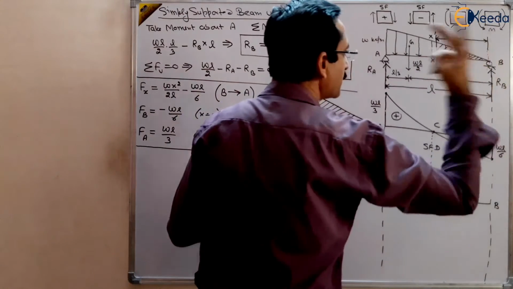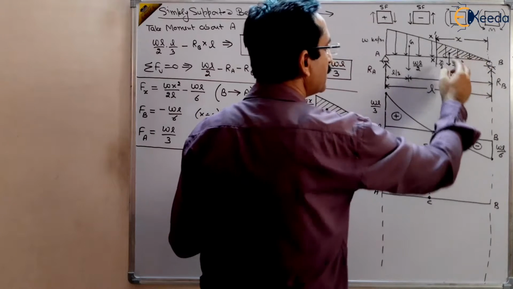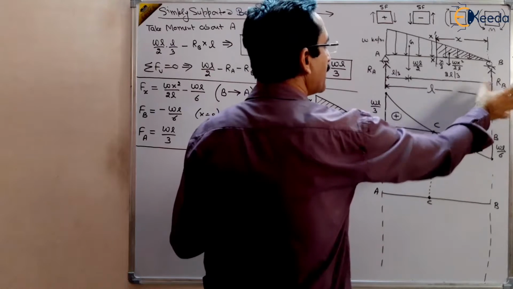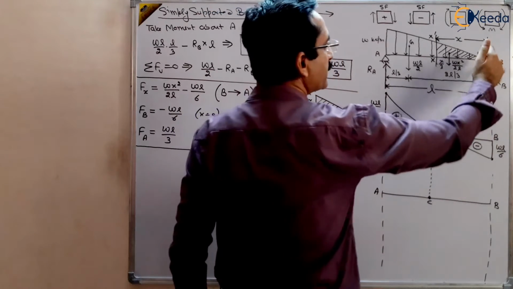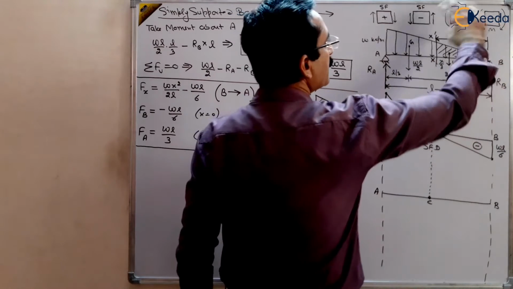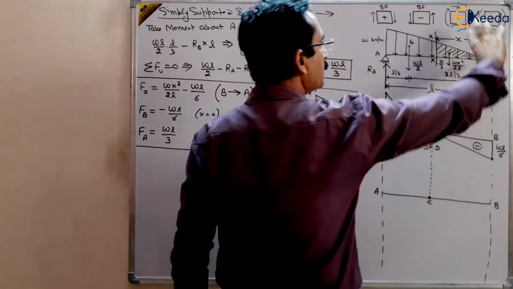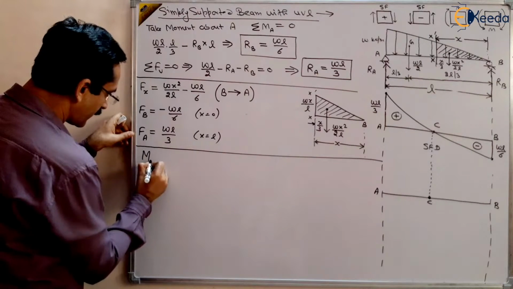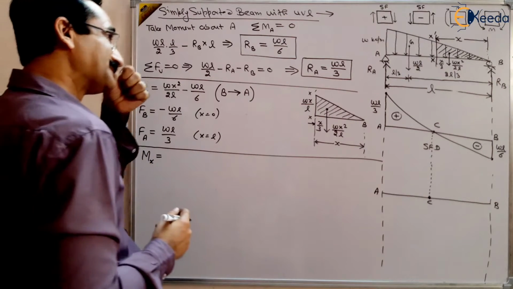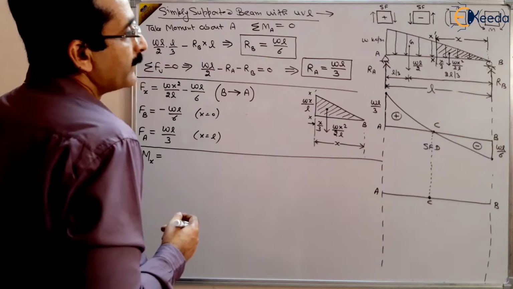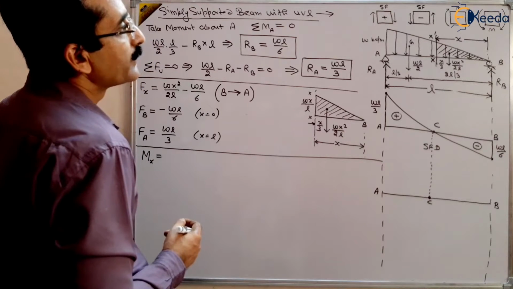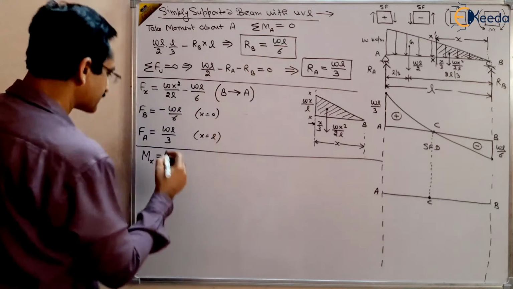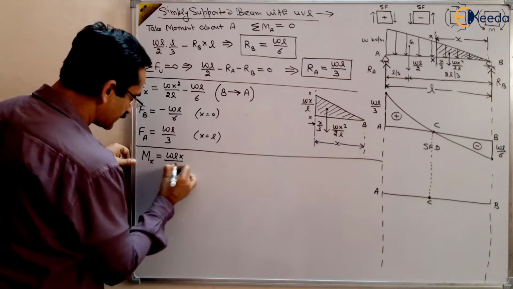To the right of this section there are two forces, RB and Wx square by 2L. So it will have moment. Wx square by 2L has distance x by 3 and RB has distance x. RB is upward, so it is making an anti-clockwise couple. Anti-clockwise couple is positive and Wx square by 2L is negative. So we can write the bending moment at point x as RB multiplied by x, RB is WL by 6, so WLx by 6.